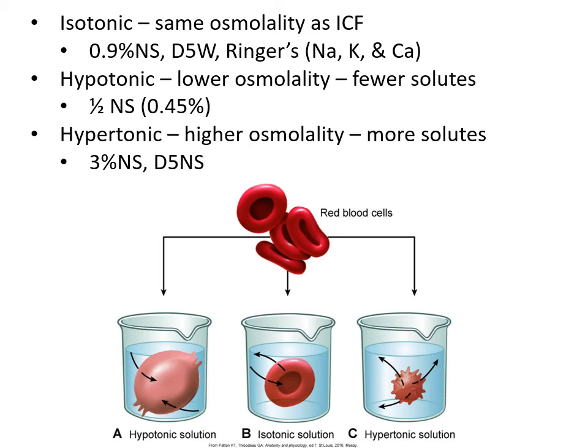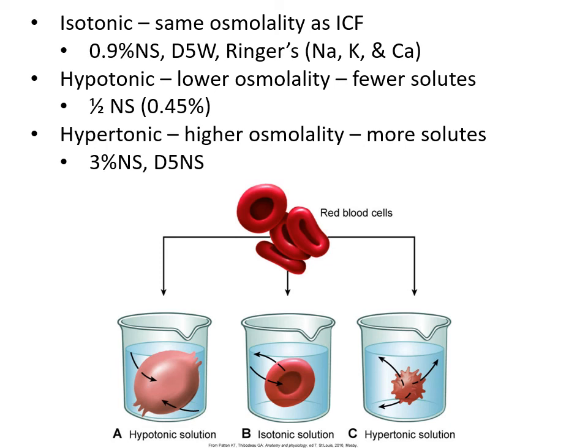An example of that is half normal saline, so 0.45% normal saline. A hypertonic solution, so much higher solutes. An example of that would be 3% normal saline, so a much saltier solution of normal saline. Or if we add D5W, which is just, again, dextrose in some water, but we added it to normal saline, that's also hypertonic. It has more solutes in it, okay?